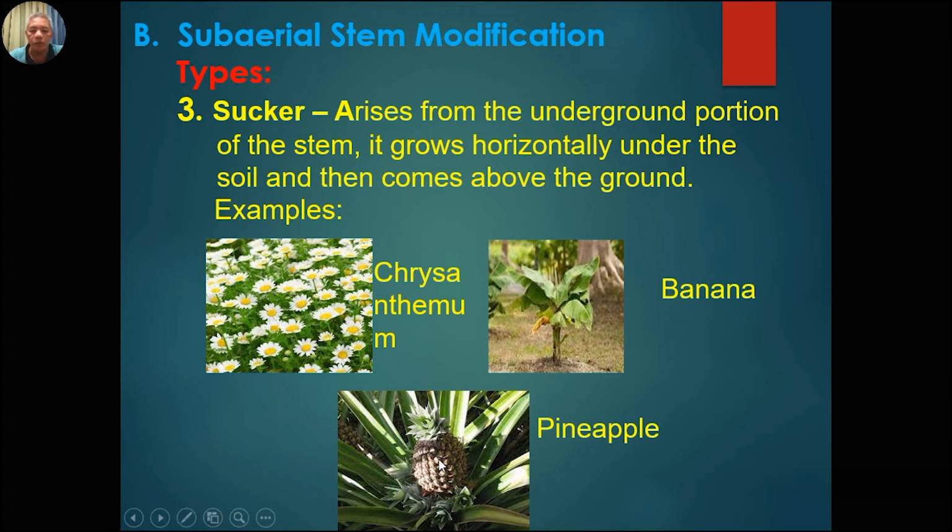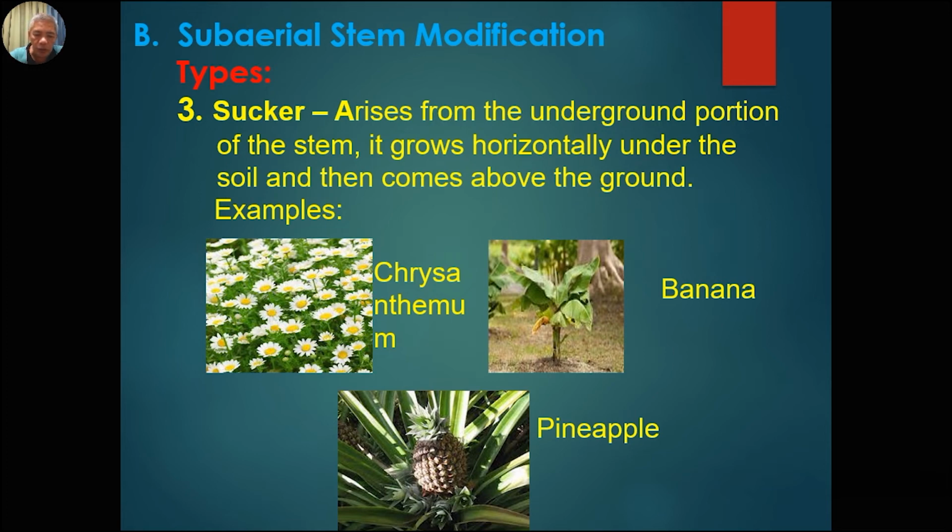Then in pineapple, actually there are three propagating materials which we can use in plant propagation. If you will notice, the shoot growing at the top of the fruit of pineapple is what we call crown.